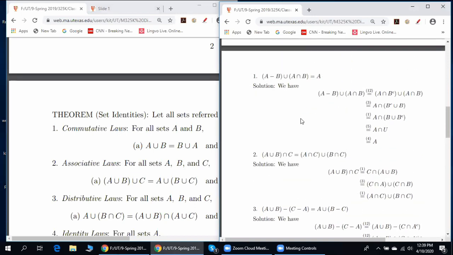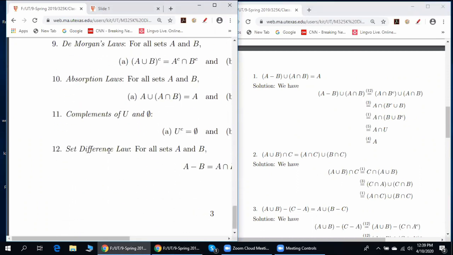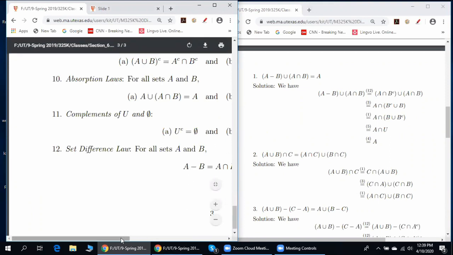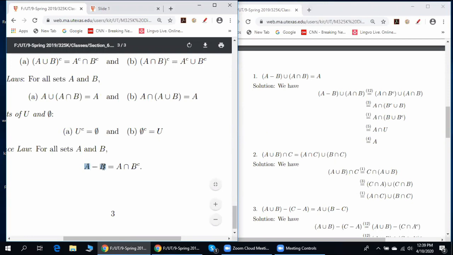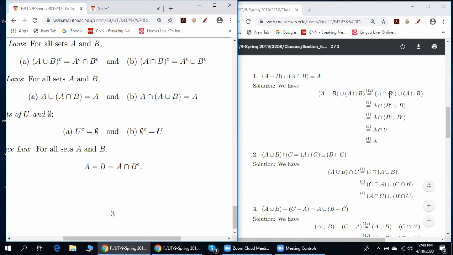So please take a look at this. A minus B union A intersection B. By law number 12, we can rewrite the difference as the intersection. So by law number 12, A minus B is A intersection B complement.